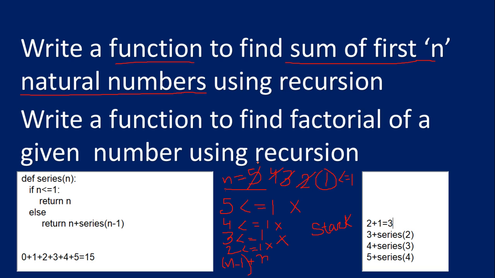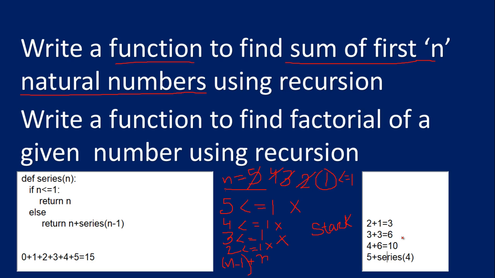This 3 value is returned, so this answer will return to the next level. So we will get, over series 2, 3 and the answer will become 6. Then this 6 is returned to the call of series 3, and this 6 plus 4 becomes 10.